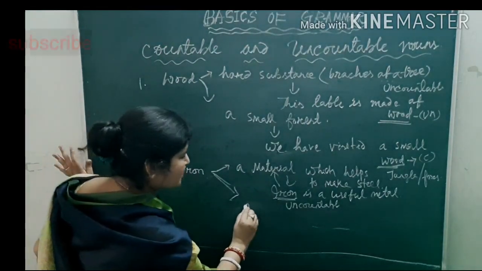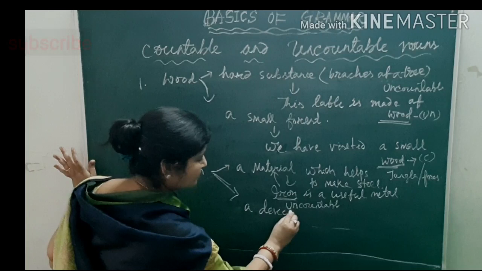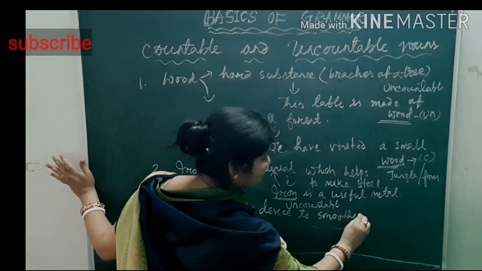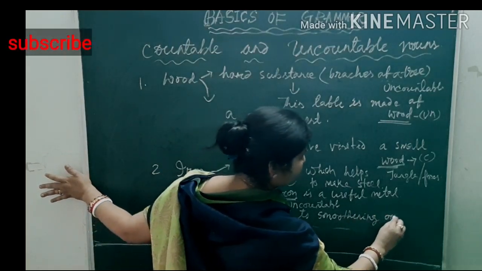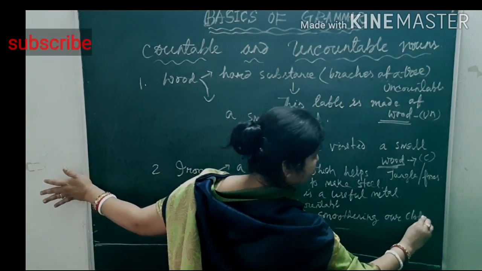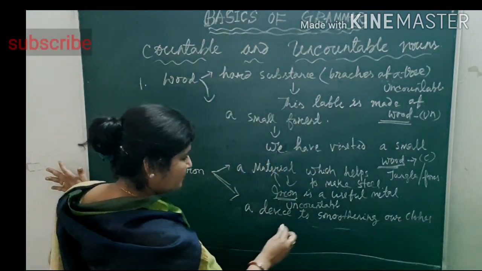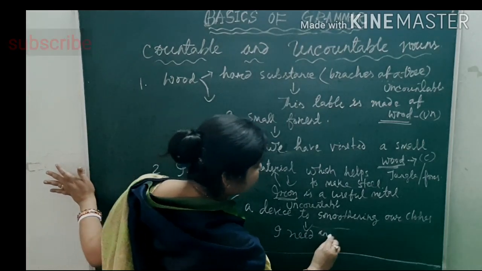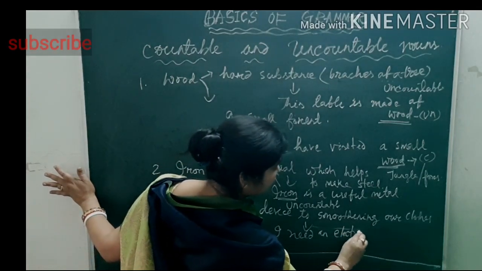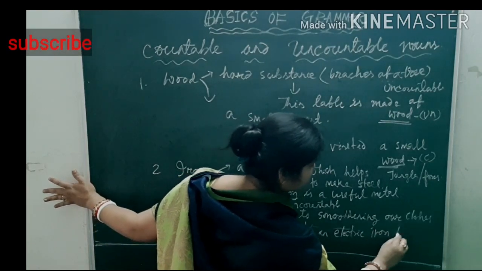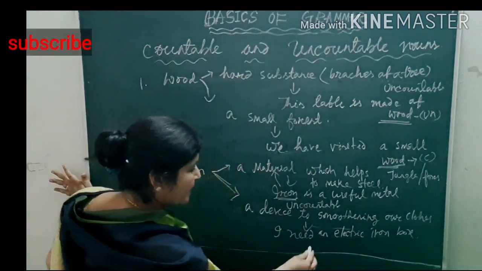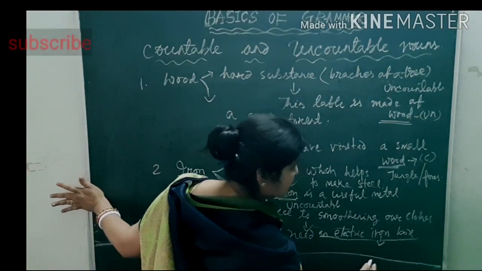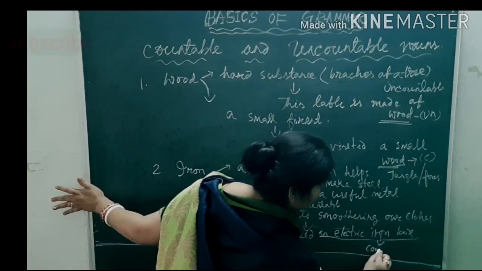So when it is used as a device to smooth our clothes, for example, I need an electric iron box, here this iron is used as countable.